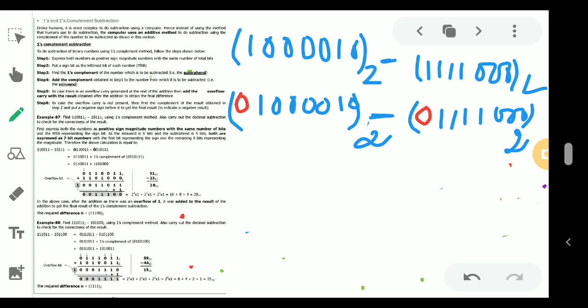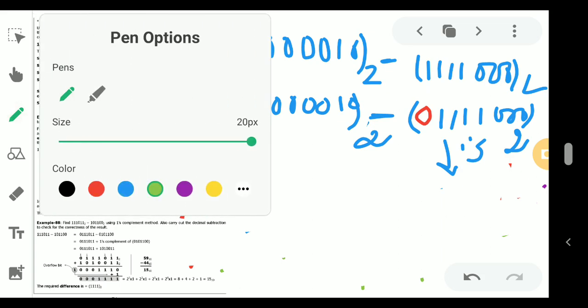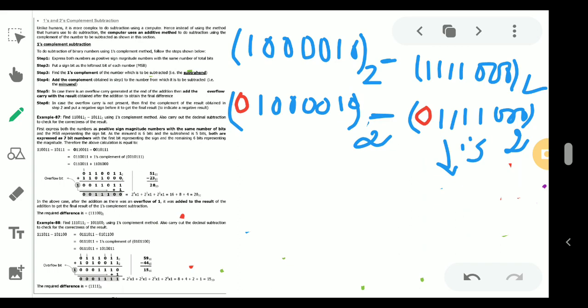Now step 2: we have to find the first complement of the second number. I'm taking another screen so that you're able to understand. So this becomes 1 0 0 0 0, 4 times 0, and then 3 times 1.